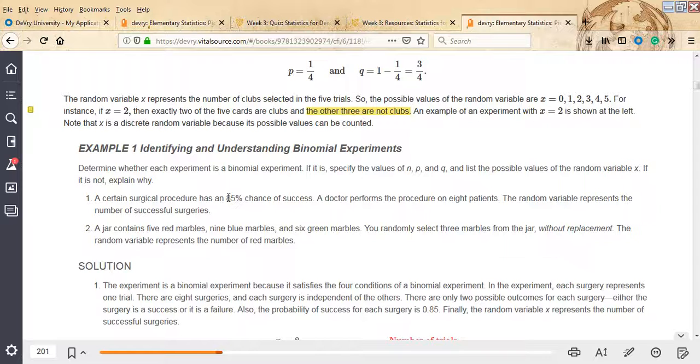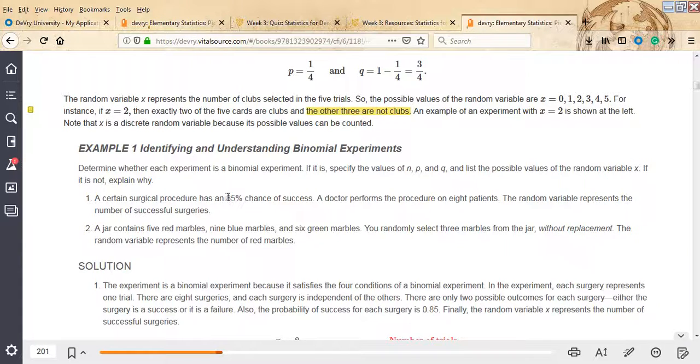So I wish the book would not use empirical probabilities in trying to explain binomial experiments, because I think it's a whole lot more crystal clear when we're working with classical probabilities such as decks of cards or rolls of dice, etc. So in any case, let's go with it because they're forcing us to.